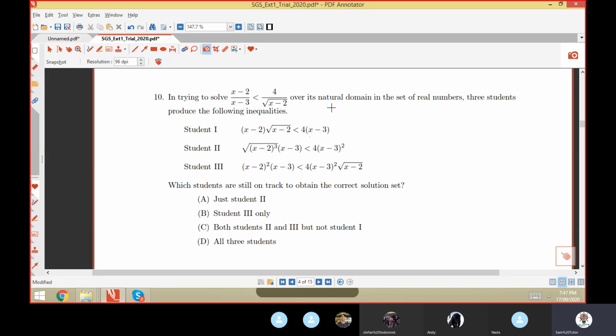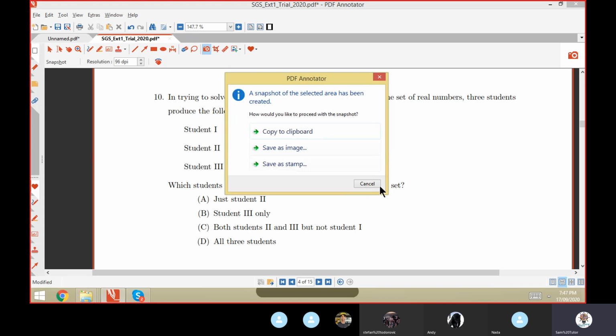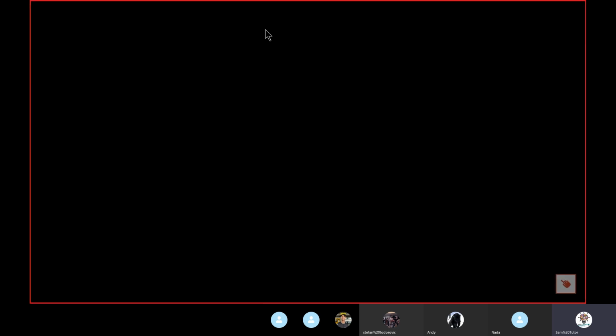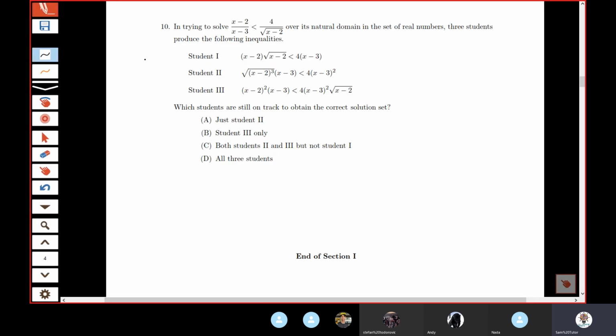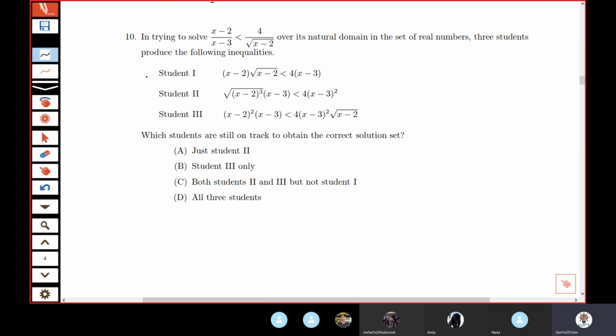In trying to solve this over its natural domain, alright, let's have a look at what it's talking about. It's multiple choice. Alright, read. In trying to solve its natural domain, instead of real numbers, 3 students produced the following inequalities. Student 1 says to cross multiply.